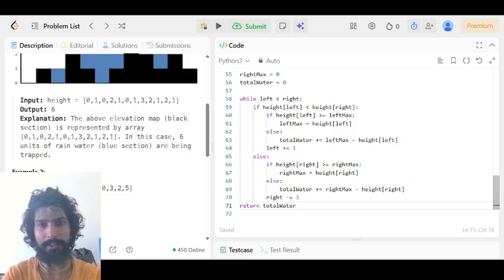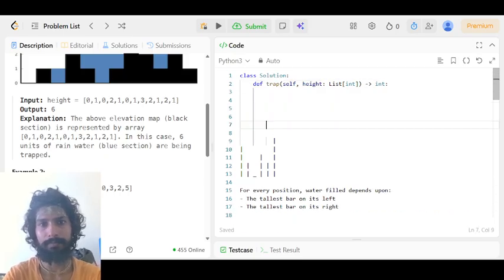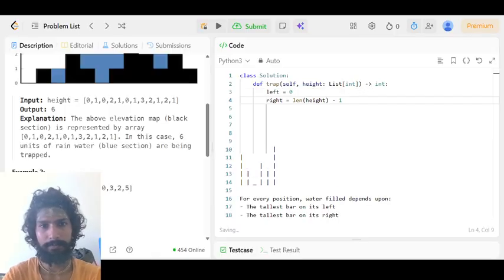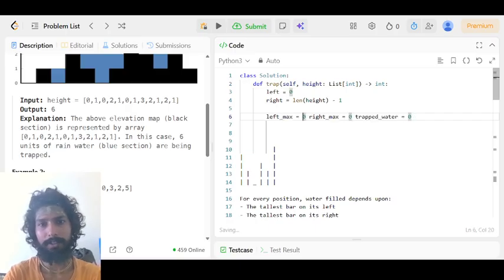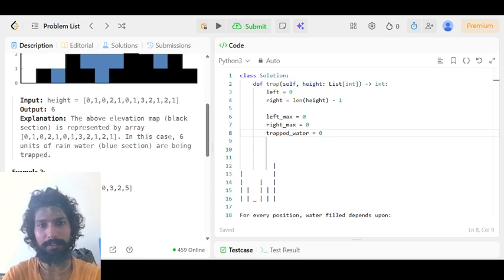So let us now quickly write the Python solution. Here we initialize left max, right max and trapped water. Then we start the loop.